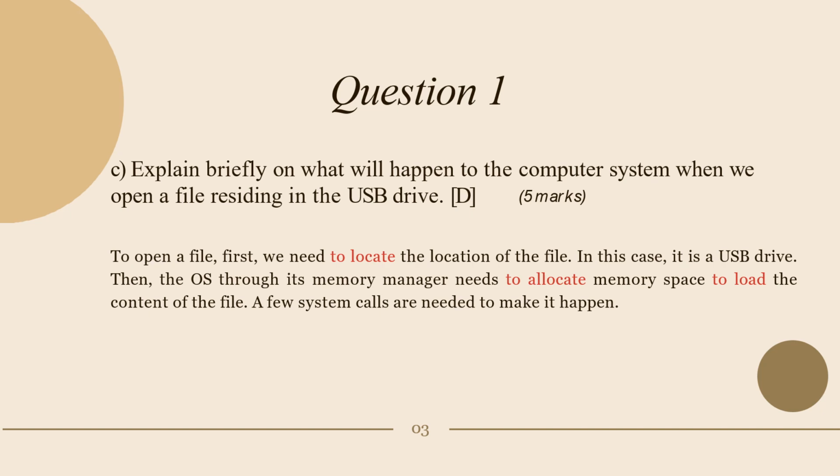In this case, it is a USB drive. Then, the operating system, through its memory manager, needs to allocate memory space to load the content of the file. A few system calls are needed to make it happen. And just like that, you'll get 5 marks.